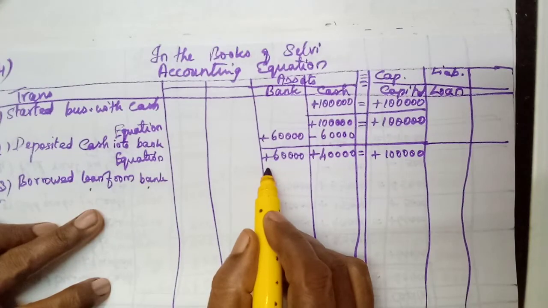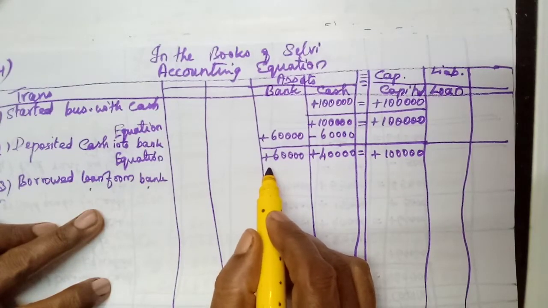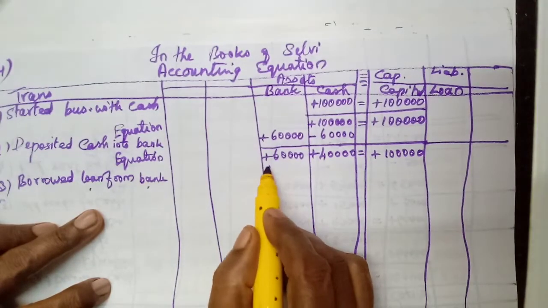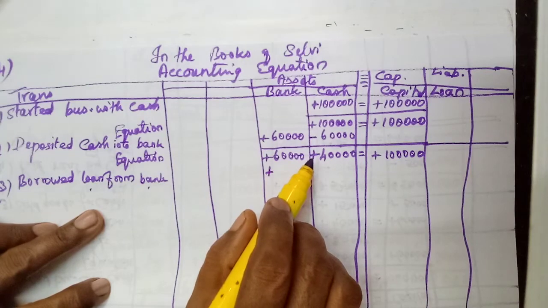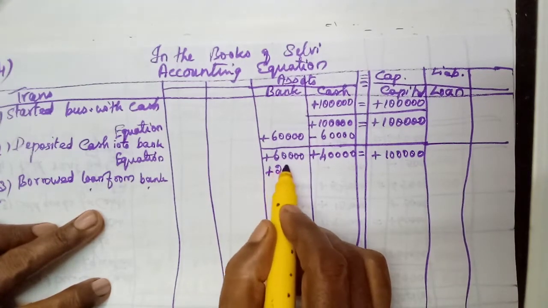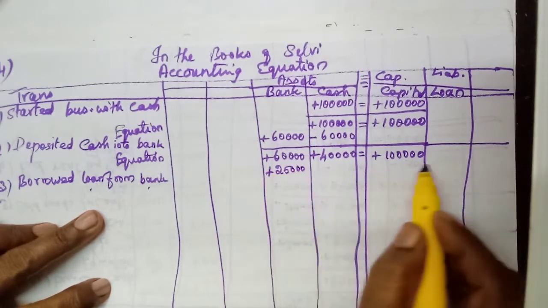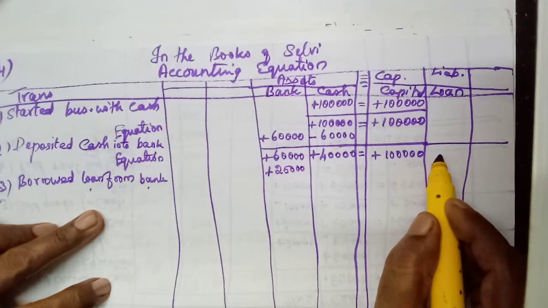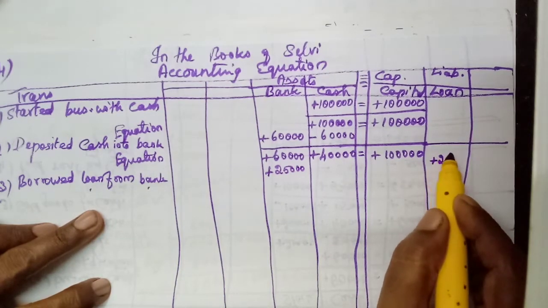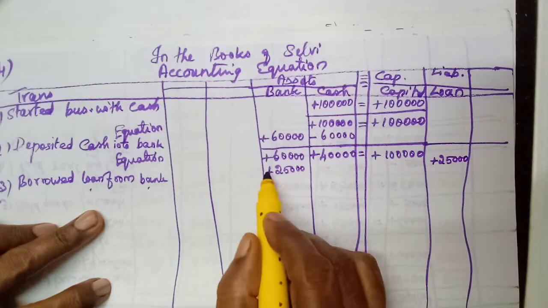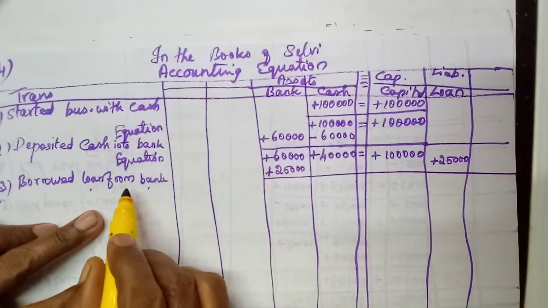So here bank, it will increase, isn't it? What is the amount? 25,000. Then liability is also increasing, loan 25,000. Now you write the equation.